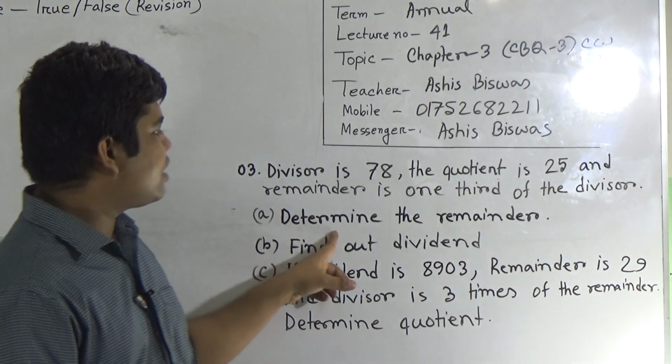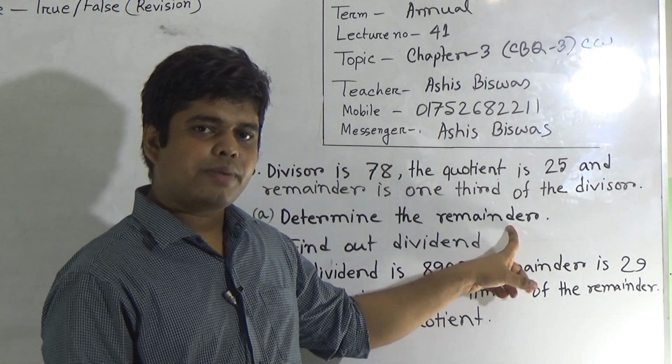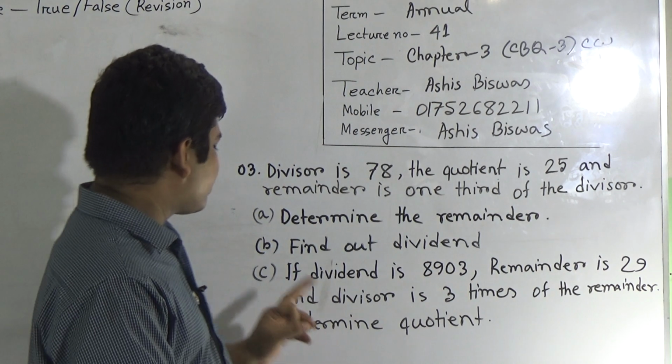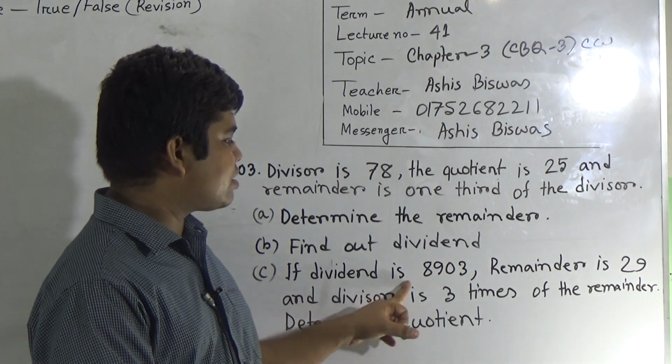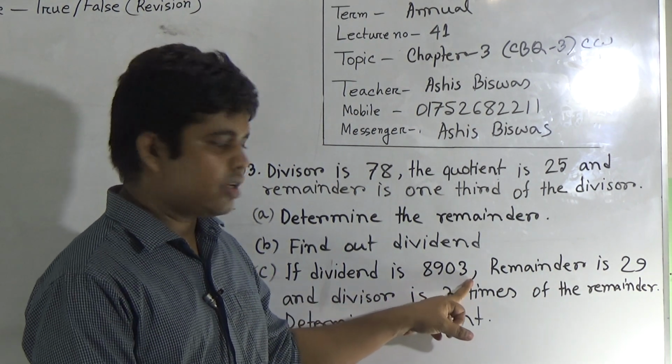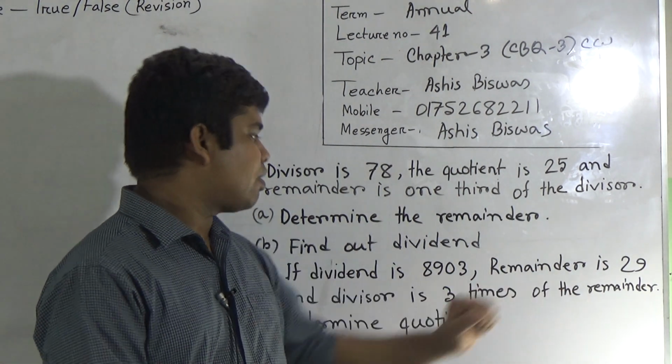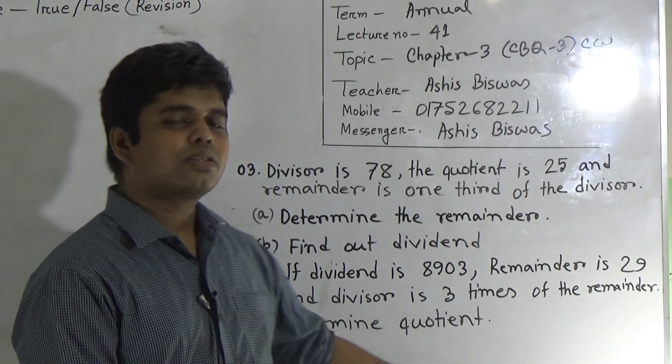Question A, determine the remainder. Question B, find out the dividend. Question C, if the dividend is 8903, the remainder is 29 and the divisor is 3 times the remainder, determine the quotient.